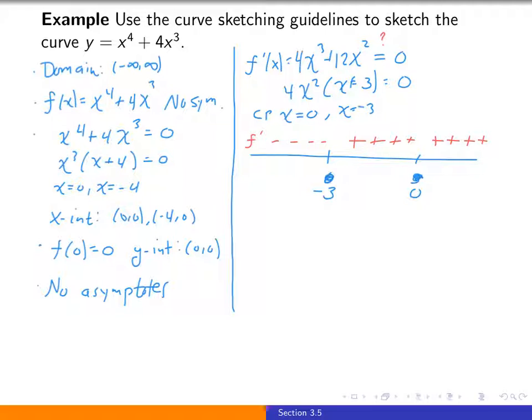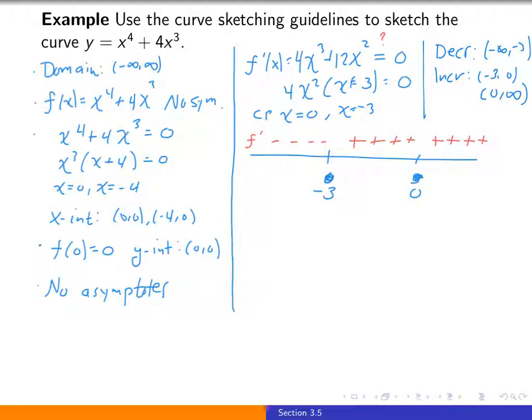So we have determined here the intervals of increase and the intervals of decrease. So we are decreasing from minus infinity to minus 3, and we're increasing from minus 3 to 0 and 0 to infinity.